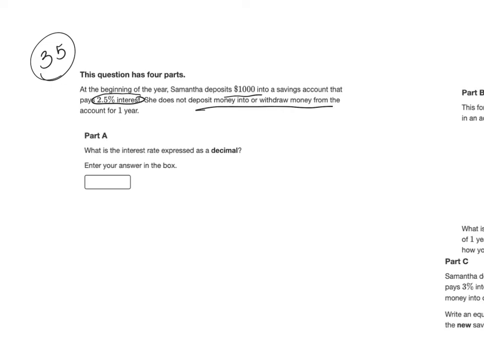Now, part A says, what is the interest rate expressed as a decimal? Okay, so here we need to review how we convert percentages to decimals. Let me back up.